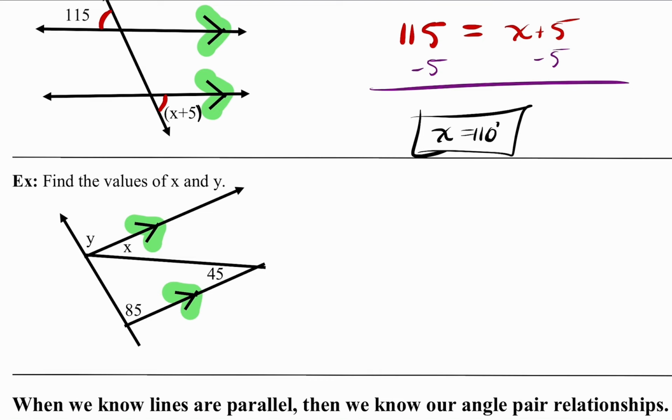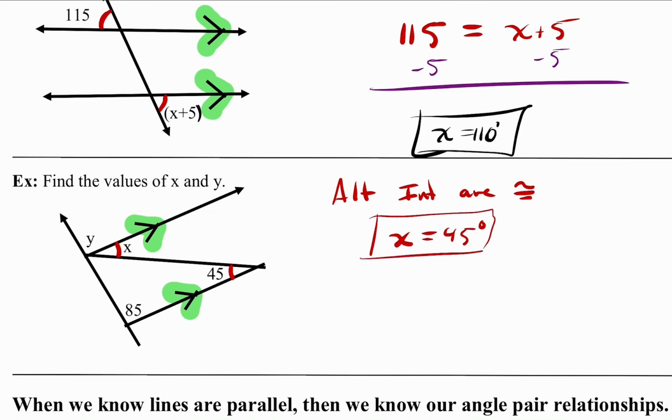If I look at this angle here and this angle here, those two angles are alternate interior. And what do we know about alternate interior angles? That's right, they are congruent, which means that x equals 45. No work there.